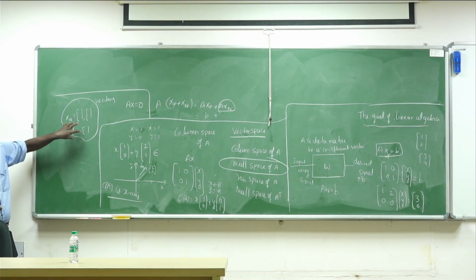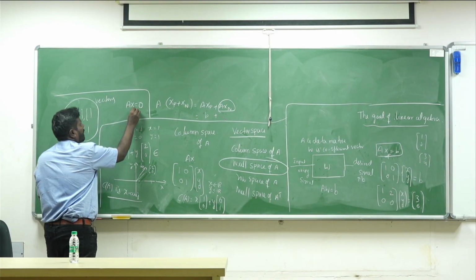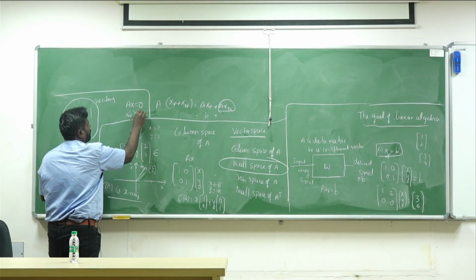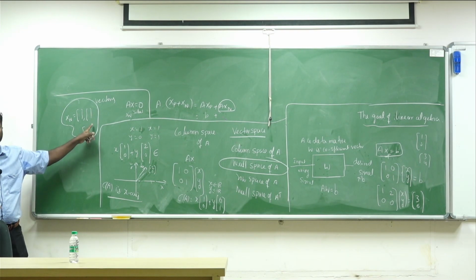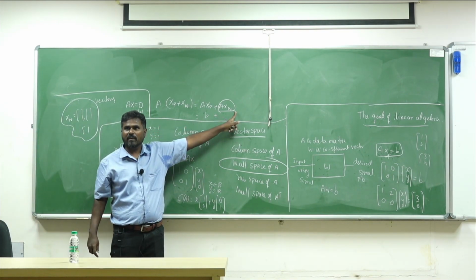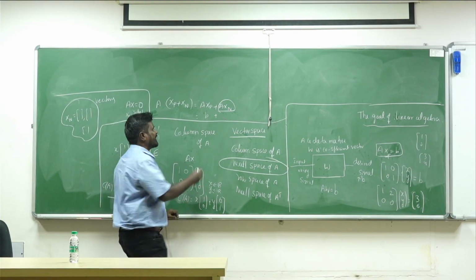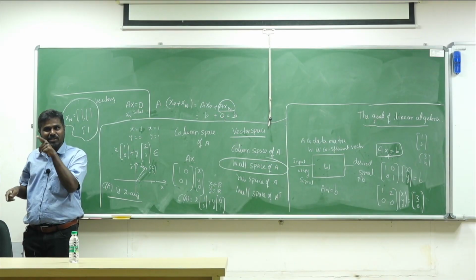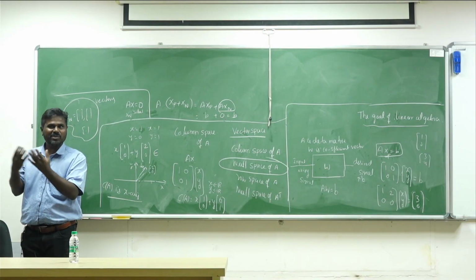Xn is a vector which is a solution to Ax equal to 0. So A into Xn is 0, so the result is equal to B. In addition to Xp, the particular solution, there are many other solutions.